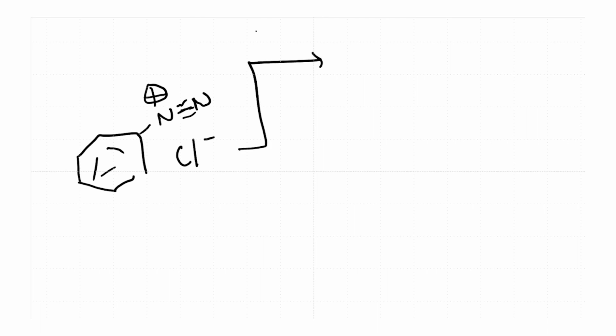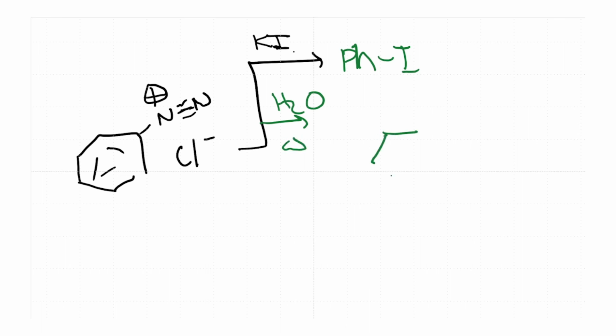you could react them with potassium iodide, and the product that you get is iodobenzene. You could react them with H2O, as we just discussed, and heat, and you get phenol.